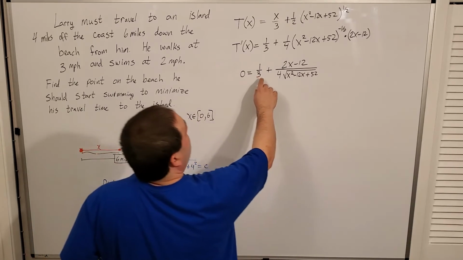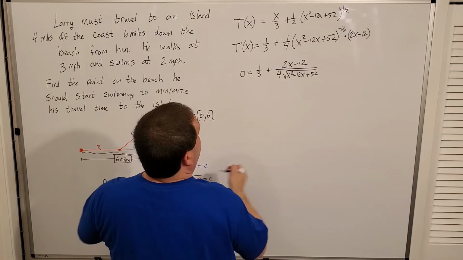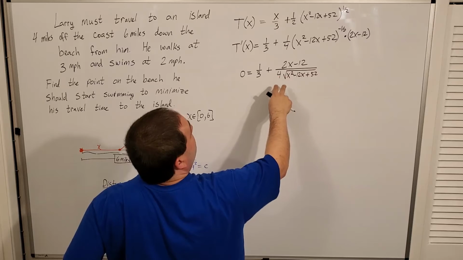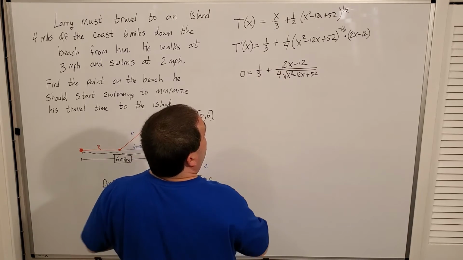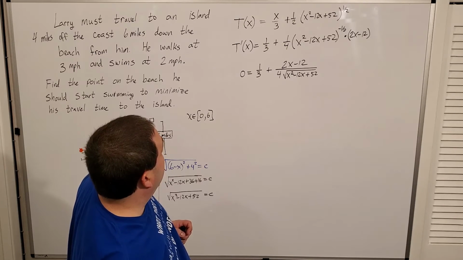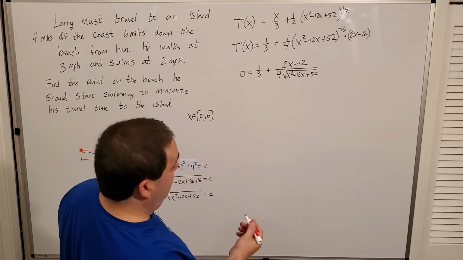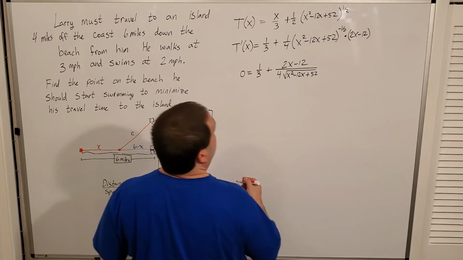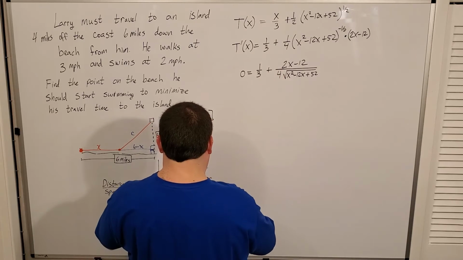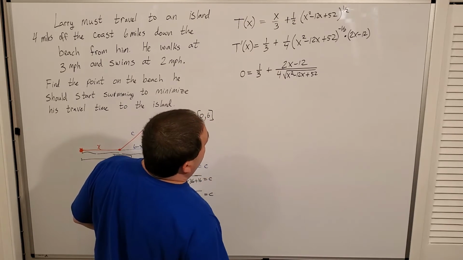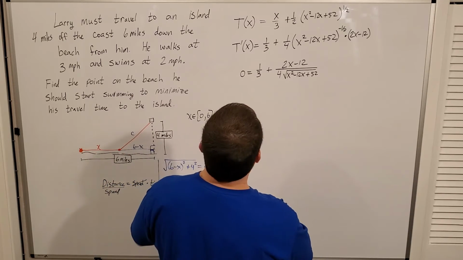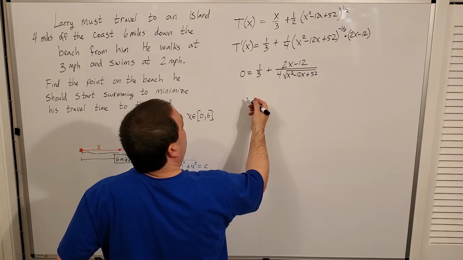From here, I'm going to move the 1/3 over, and I'm going to multiply some things out. Let's make this even quicker for ourselves here. Or let's just do it the way I was saying before. I'm going to subtract the 1/3 over.